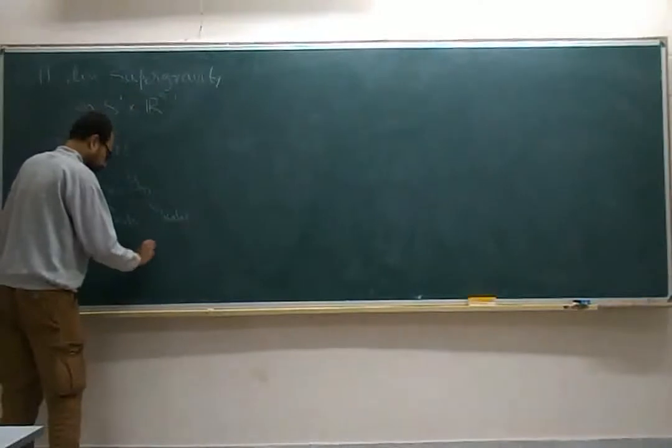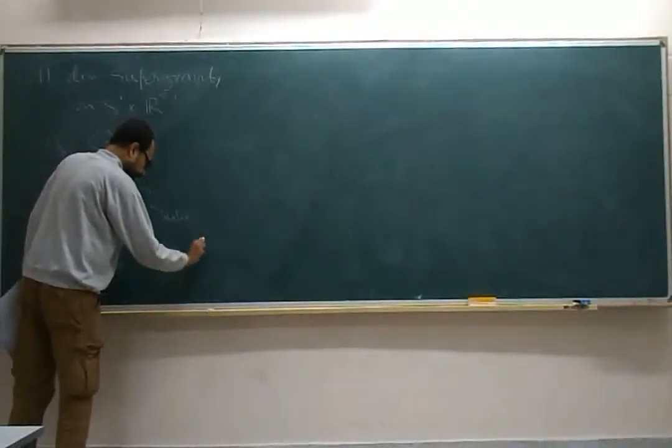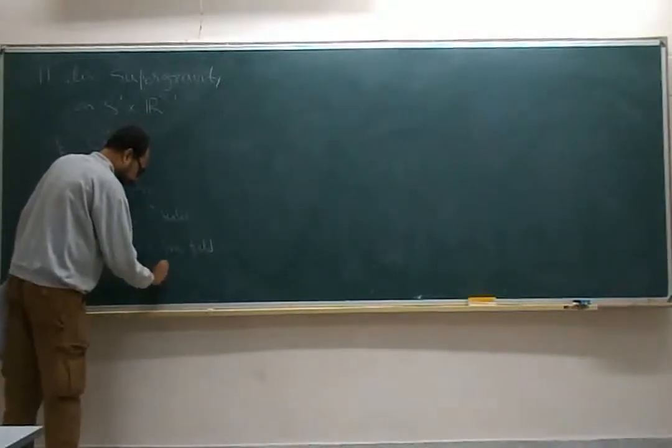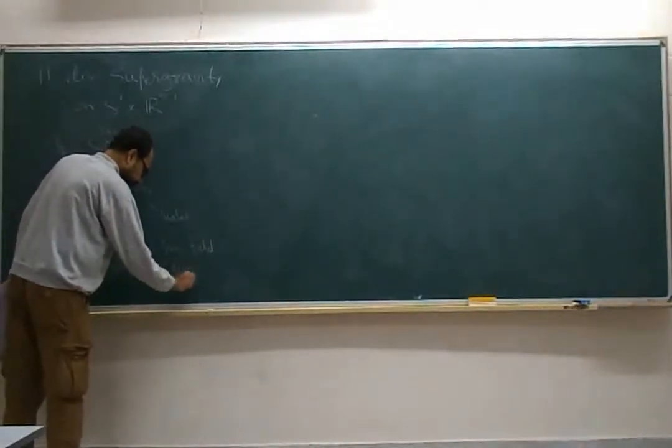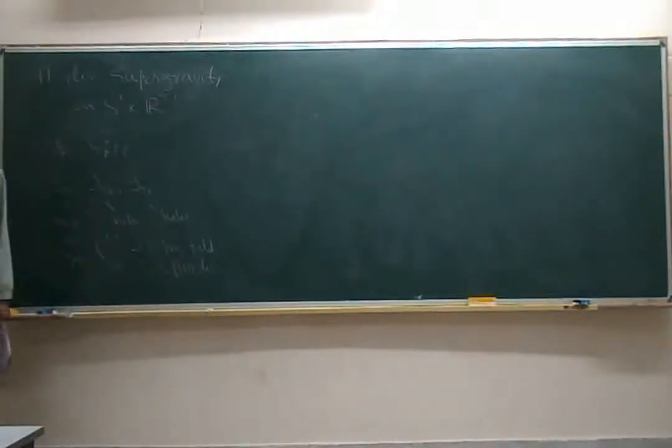This is going to be a two-form in 9 plus 1 dimensions. And if you now recall the field content of type 2A supergravity, you will recognize that this field content is exactly the same as what we had in type 2A supergravity.